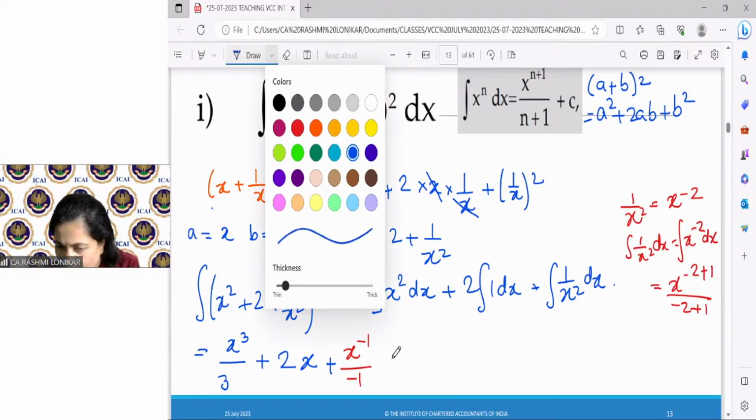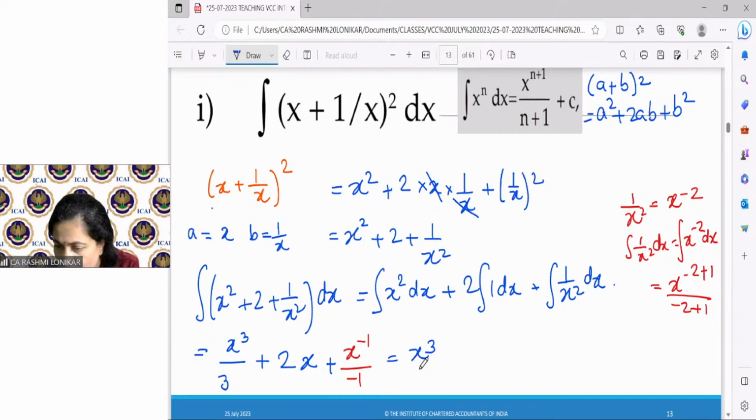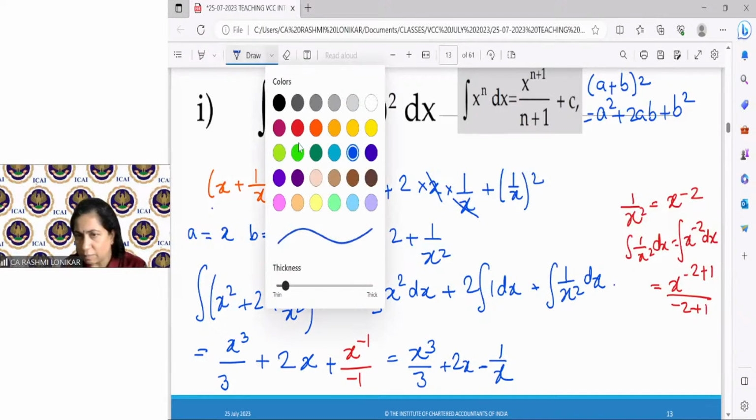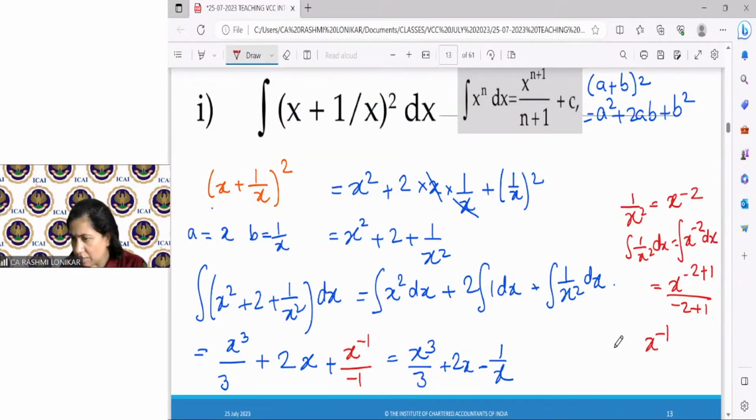And now what will I get from here? This is equal to x cube upon 3 plus 2x minus x raised to minus 1, which is nothing but 1 upon x, and we already had this minus sign over here. So I'm getting this plus c.